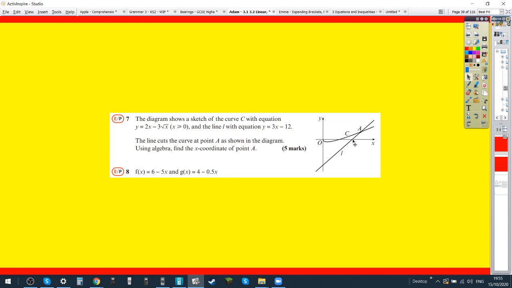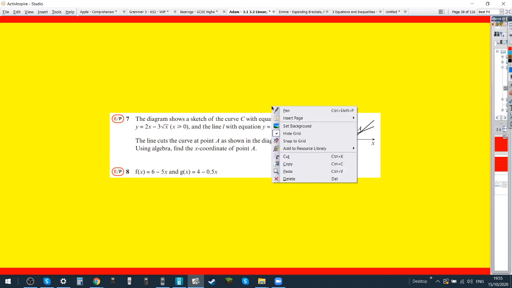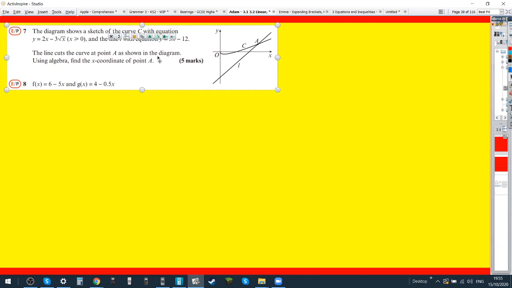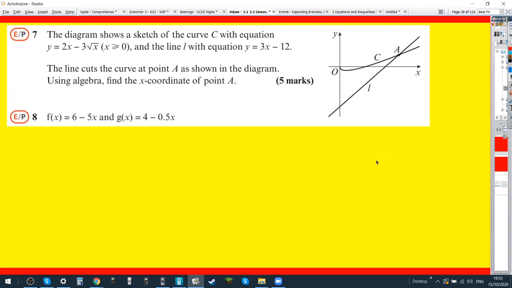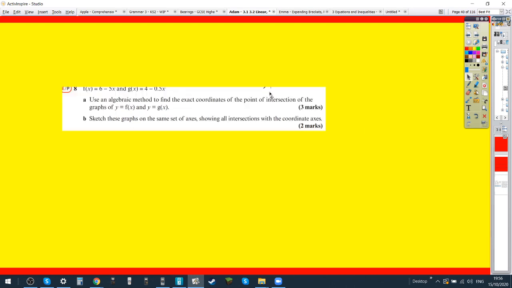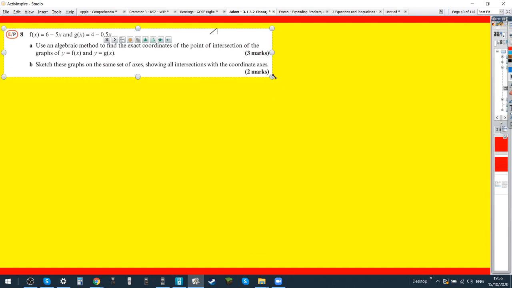Let's see this weird one. Find the x coordinate of A. Same idea. You make them... Let me just see this one.